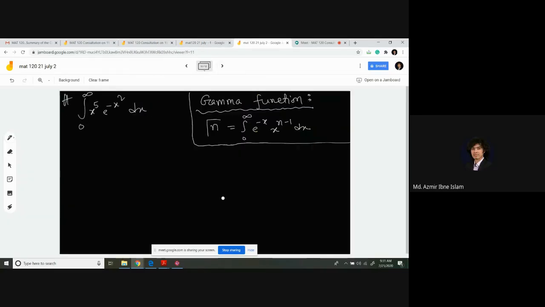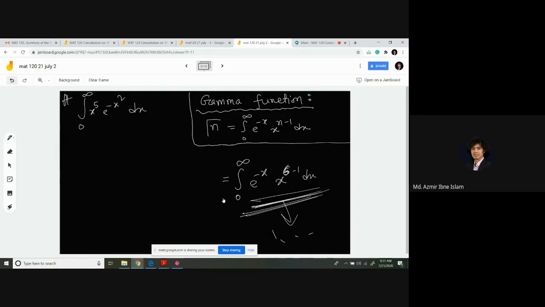But suppose we directly have the integral from 0 to infinity of e to the power negative x, x to the power 5, so for 5, can I write 6 minus 1, dx? If we have this integral, we don't need to apply improper integration, limits, or integration by parts.